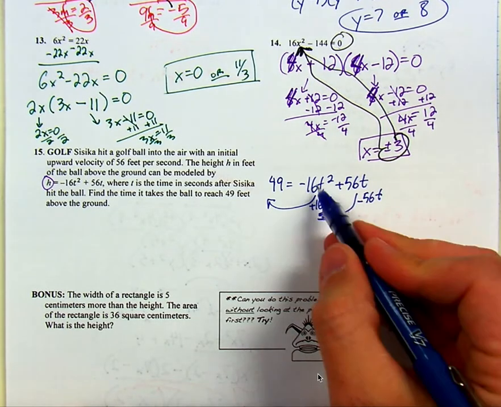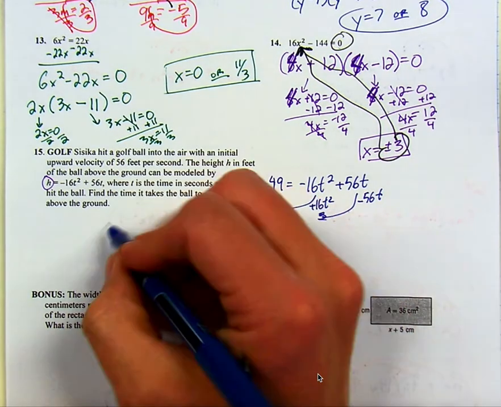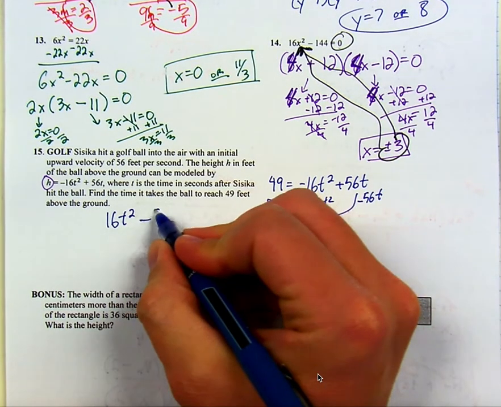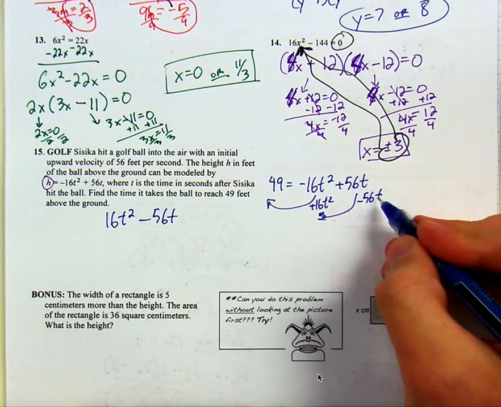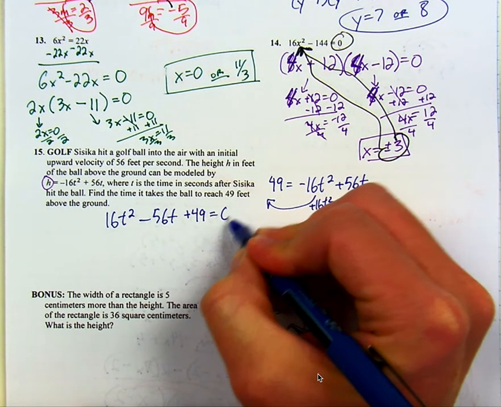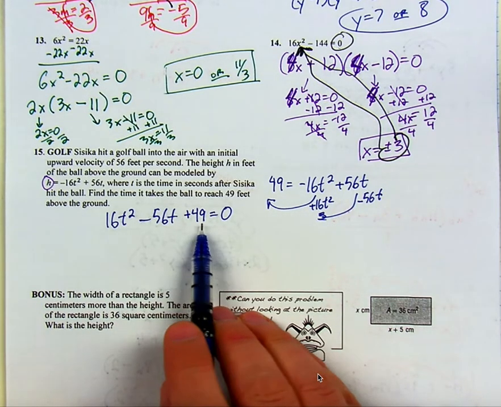The reason I'm going to do it that way is I want that negative 16t squared to turn into a positive 16t squared. Then this will be a minus 56t when you subtract it over here. That 49 is still going to be positive. I'm going to get equals 0. I'm going to try to factor this thing and see if I can solve for t.